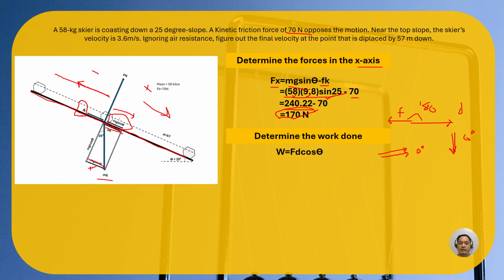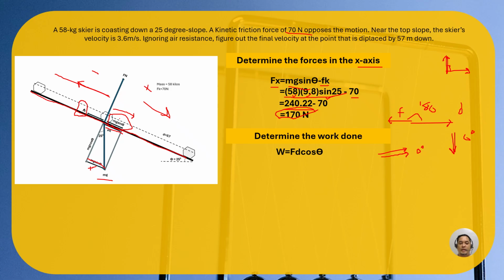So we will have a negative work in that case. And of course, if the vectors are forming 90 degrees, that's zero work because cosine 90 is 0. In this case, the vectors are not forming right angles here, so our work is not 0.